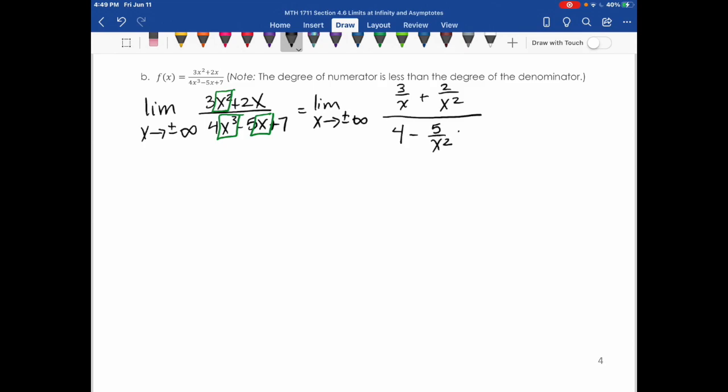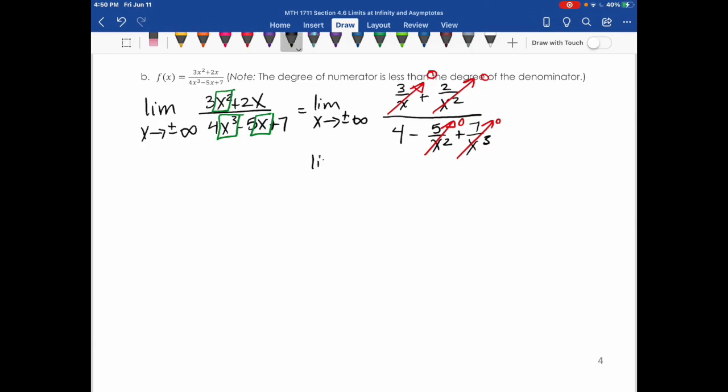And then when I take 7 and divide by x to the third, I get 7 over x to the third. What happens is, as x goes to infinity, whether it's plus or minus, that whole fraction gets smaller and smaller and smaller until it approaches 0. So the limit of this would be 0. This would be 0. This would go to 0, and this would go to 0.